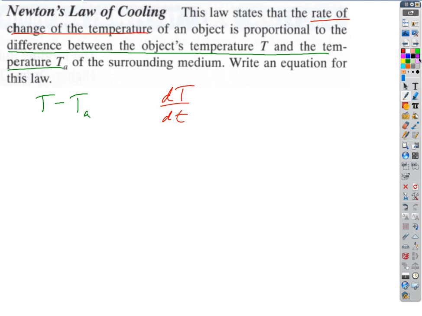What about this part? Is proportional to. Okay? So the proportionality symbol is that, but we can't really do much with that. Let's write it as proportionality, but we got to make this an equation to really do something with it. So if the rate of change is proportional to the difference in temperature, we'd write the proportionality like this.